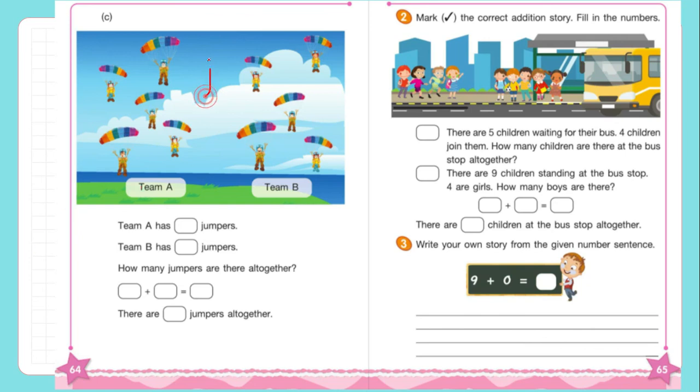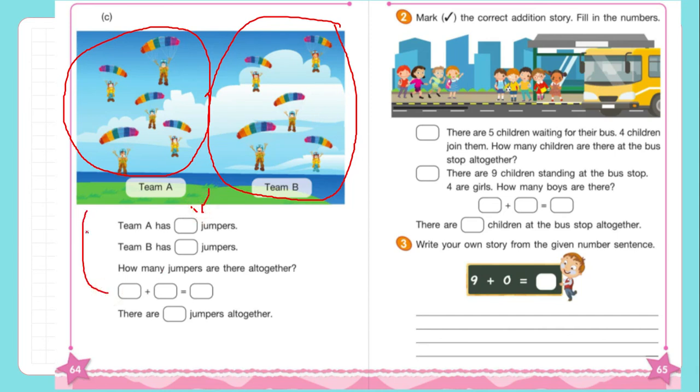You're going to count first the people here. These are the jumpers. We call them jumpers and we are going to count them, write the numbers in the box. And then you're going to write it in number sentence. Okay? Or addition sentence. Complete it.